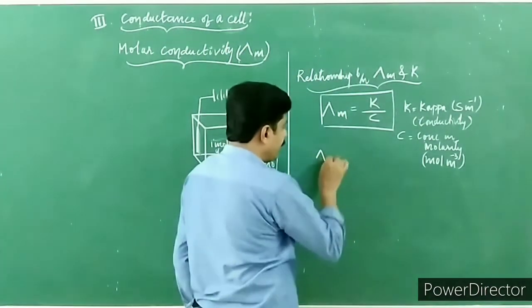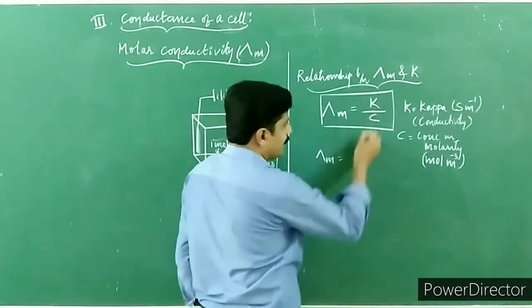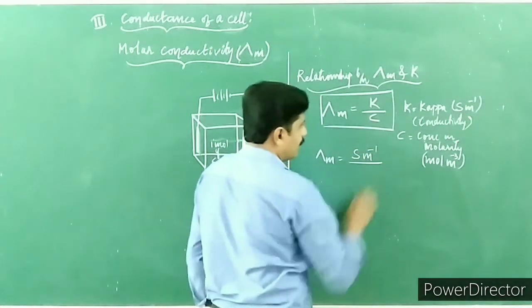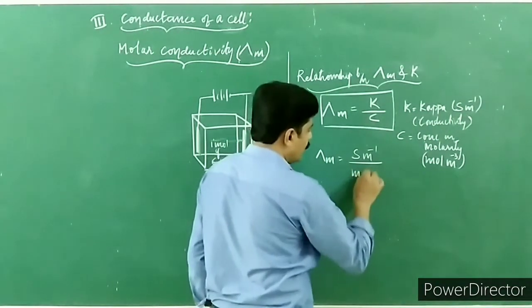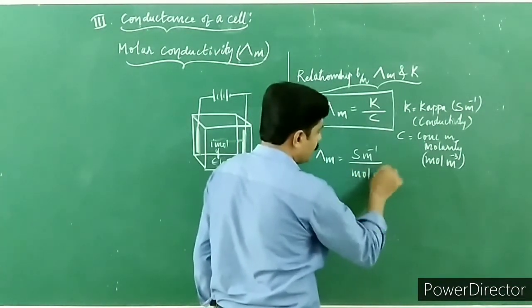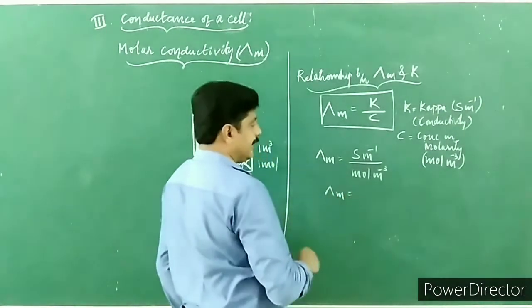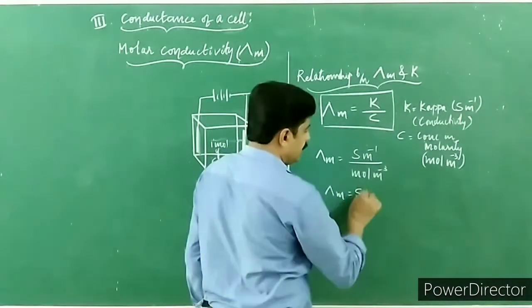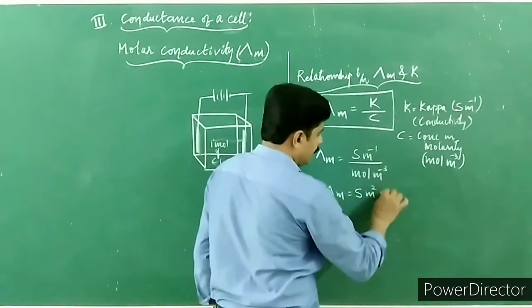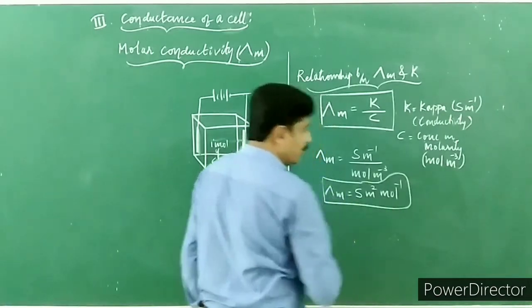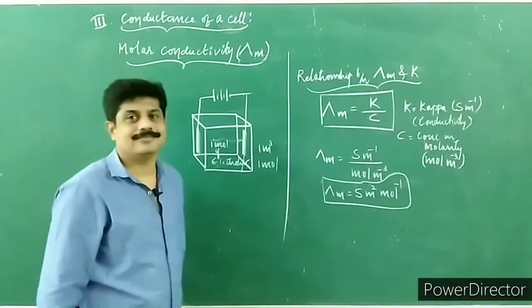Lambda m is equal to K, which is Siemens per meter, upon mole per meter cube. In that case, the unit of lambda m or the molar conductivity is Siemens meter square per mole. Children, this you need to remember.